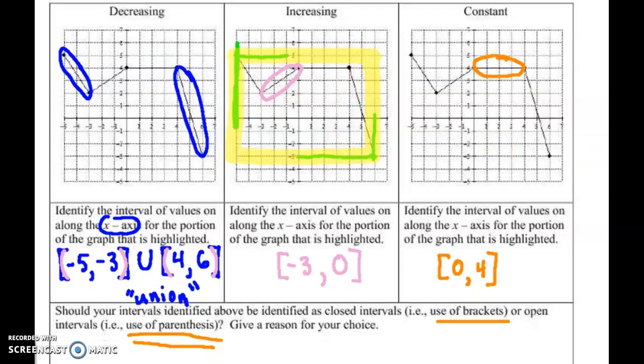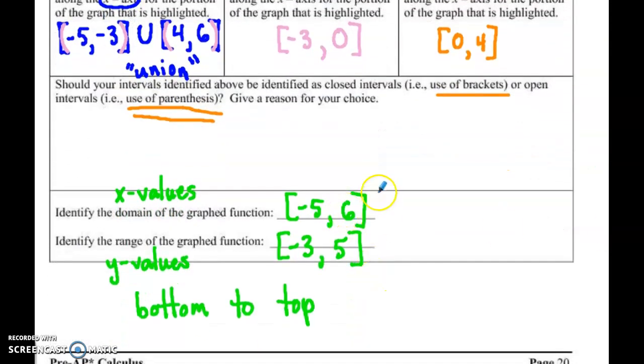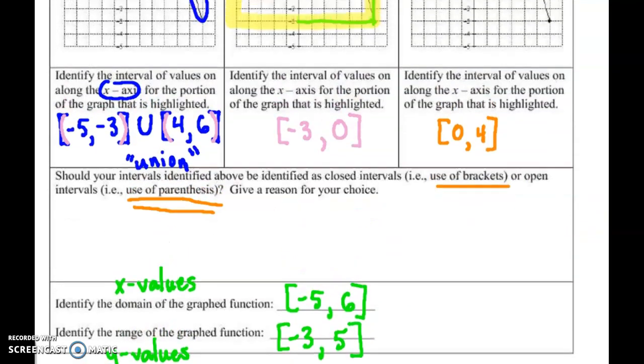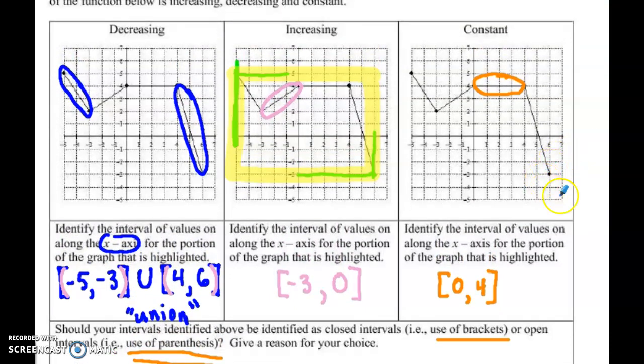And I can certainly see the appeal as to why people would do that. But you have to use brackets in this problem. For increasing and decreasing, the brackets are optional. For domain and range, in this case, the brackets must be there. A situation where one of these brackets might be a parenthesis is if this endpoint was an open circle. Then you would have a parenthesis there.